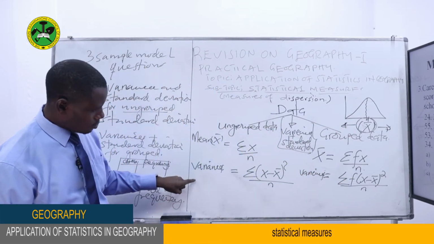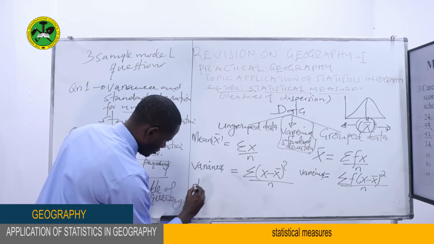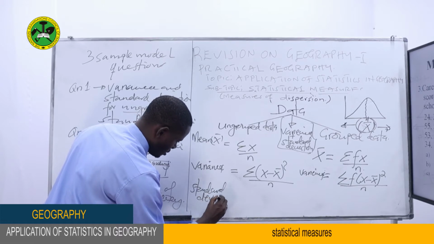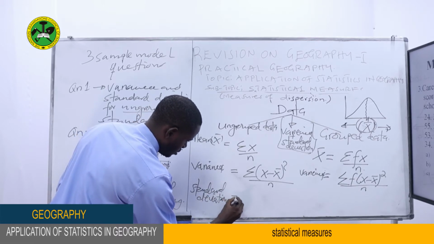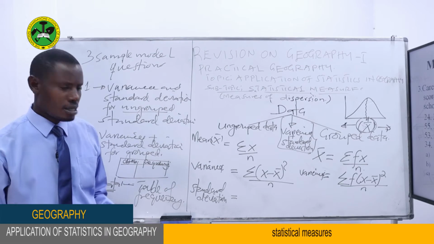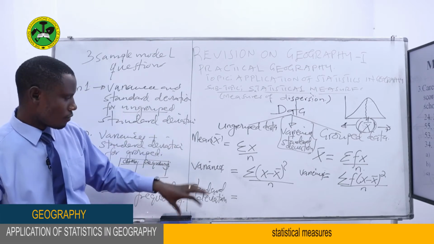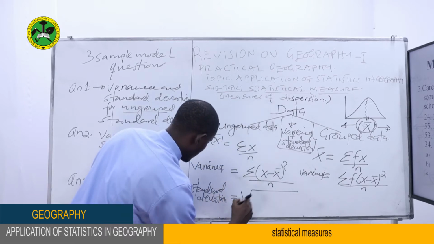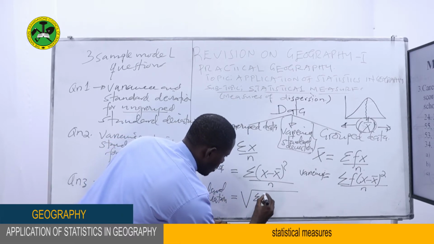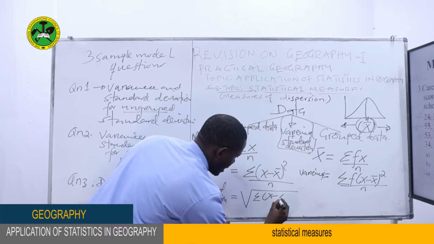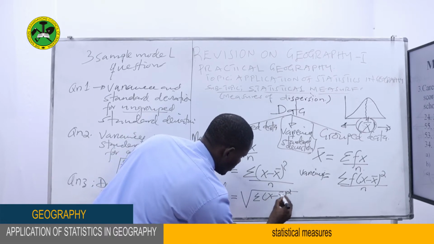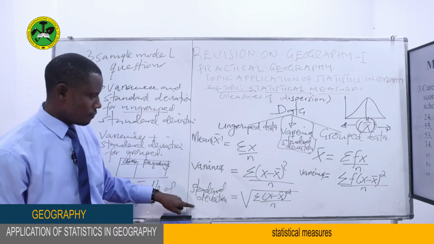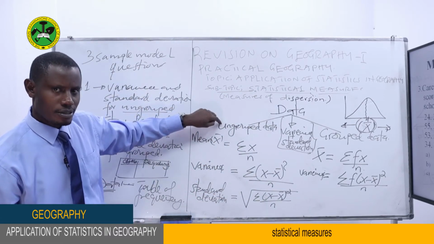But again, when you go for the standard deviation, it is nothing else, rather it's the square root of the variance. So if you take the square root of the variance, that is the summation of x minus x bar squared, then you divide by n, we get the standard deviation for ungrouped data.